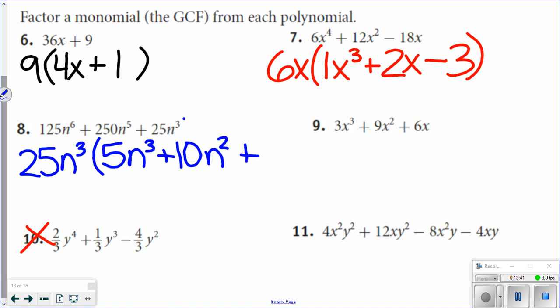Plus, and then look, this last term matches our entire GCF. 25n cubed divided by 25n cubed is 1. We need 1 here as our placeholder because we started with 3 terms. We have to have 3 terms inside our parentheses.